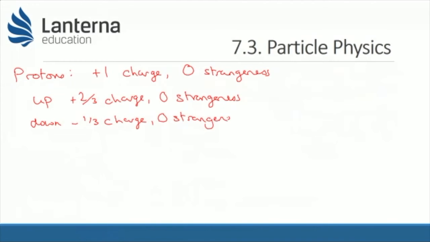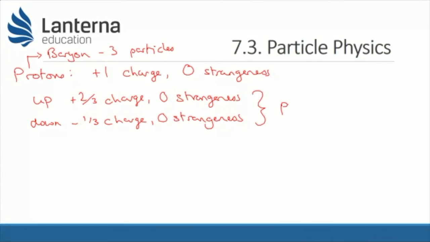Knowing that a proton is a baryon, which means I need 3 particles inside it, if I have 2/3 plus 2/3 minus 1/3, that gives me a +1 charge.